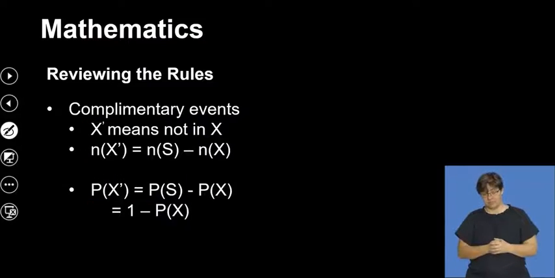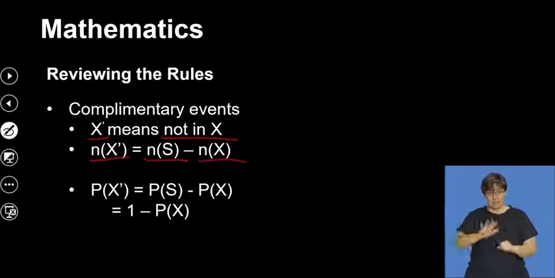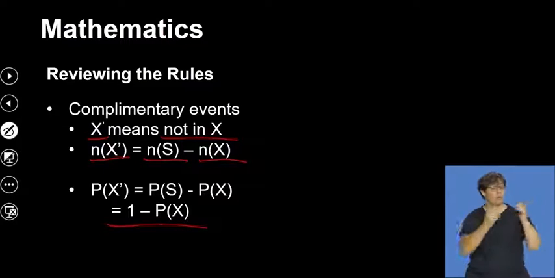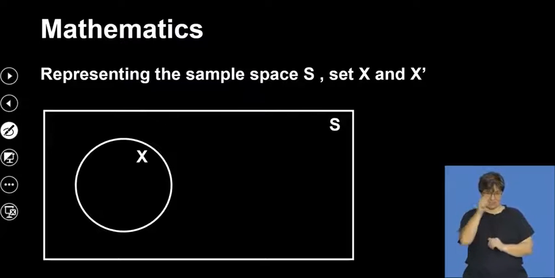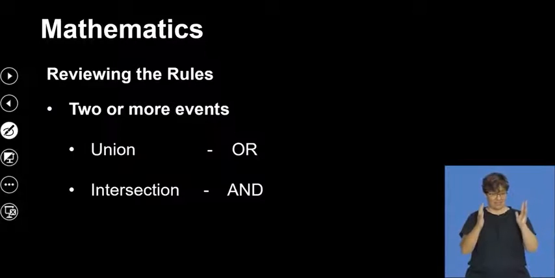We recognize the word complement means that if that's the symbol for complement, it means it's not part of X. So the number in the complement is the number in the sample space minus those in X, and the probability of the complement is 1 minus the probability of X. We can show this in terms of the Venn diagram, the blue area representing the complement of X.